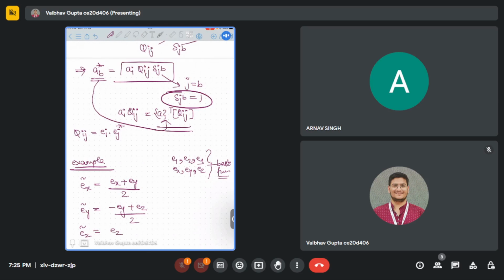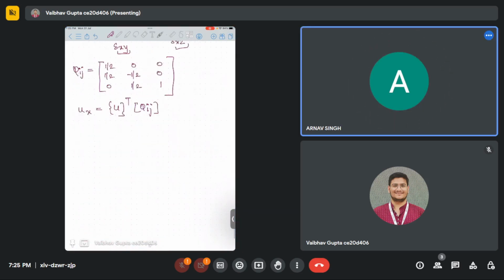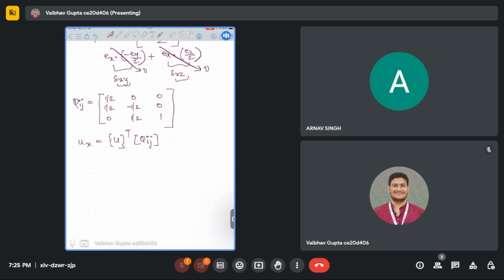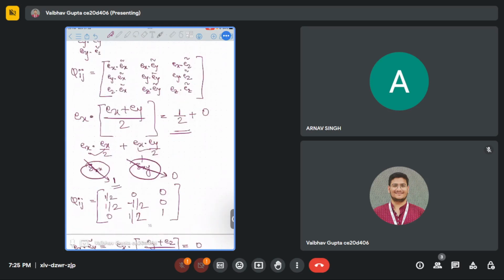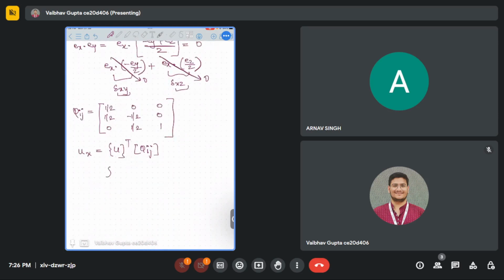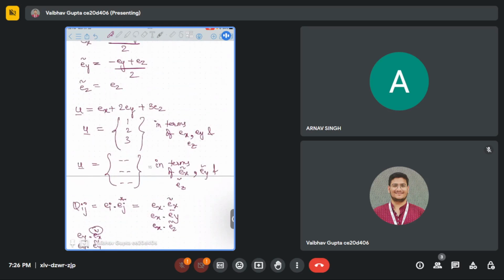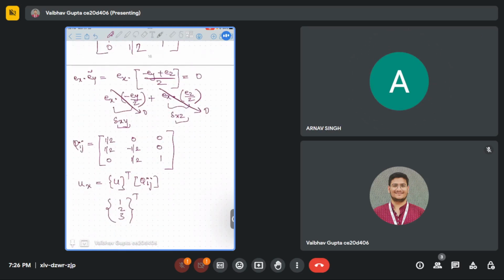If I want to find Ux star, it will be nothing but U vector transpose Qij. Got it? So Qij we found out. The U vector is given in the question: 1, 2, 3.